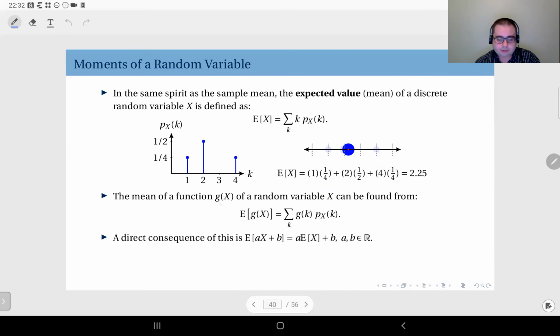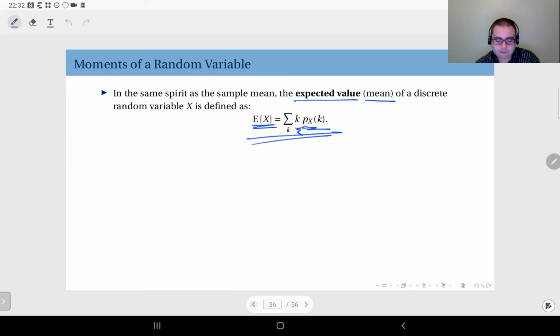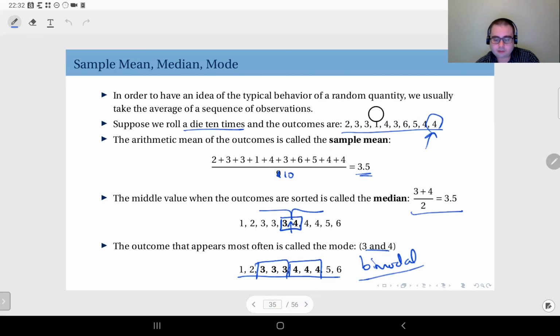Now, the mean of a function of a random variable. Now, in this case, suppose that you have data. How would you do it? Let's go back to this example here. Let's say this is your data.